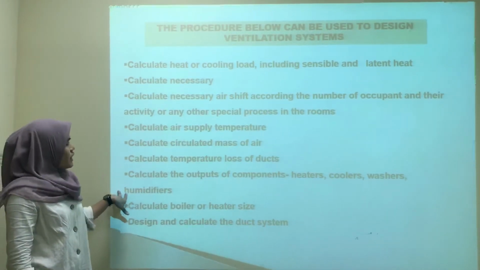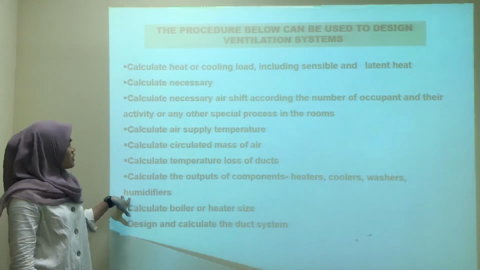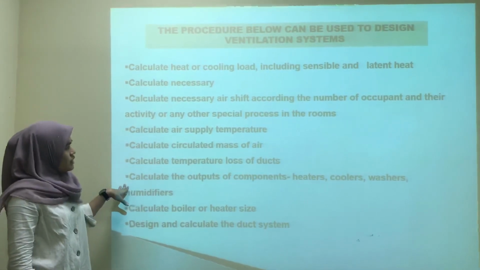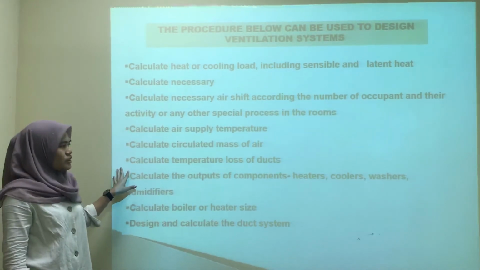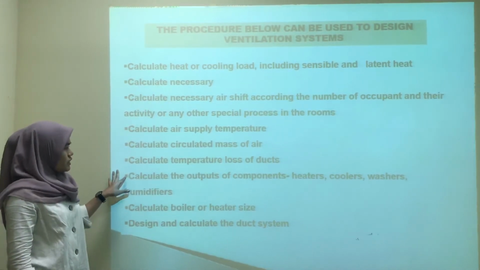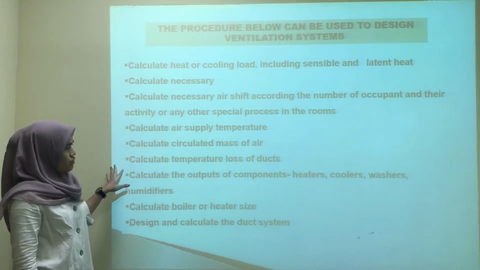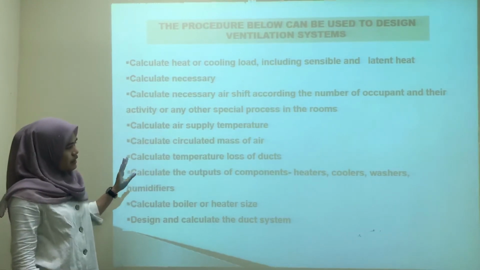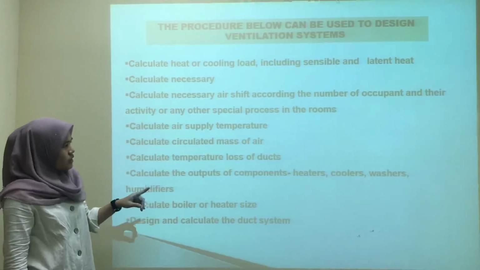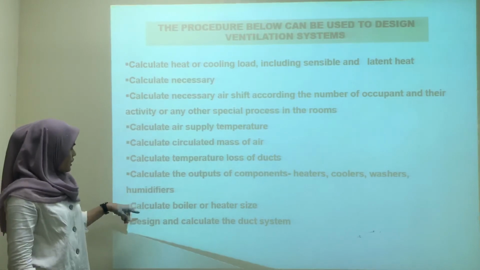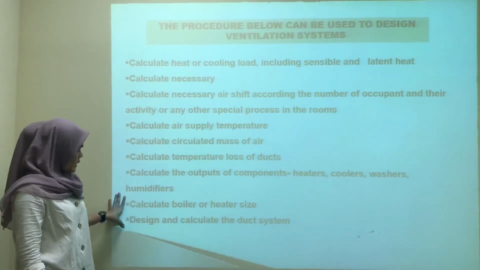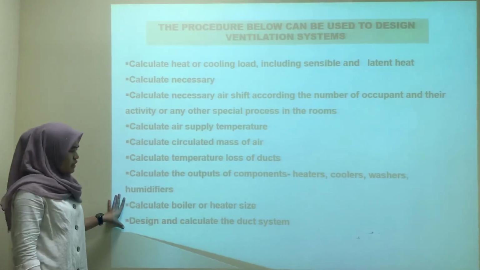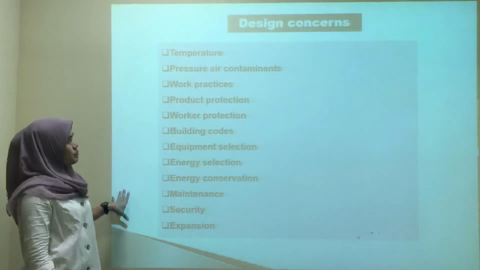Next, calculate air supply temperature, calculate circulated mass of air, calculate temperature loss of ducts, calculate the outputs of components, heaters, coolers, washer, humidifier, calculate boiler or heater size, and last, design and calculate the duct system.